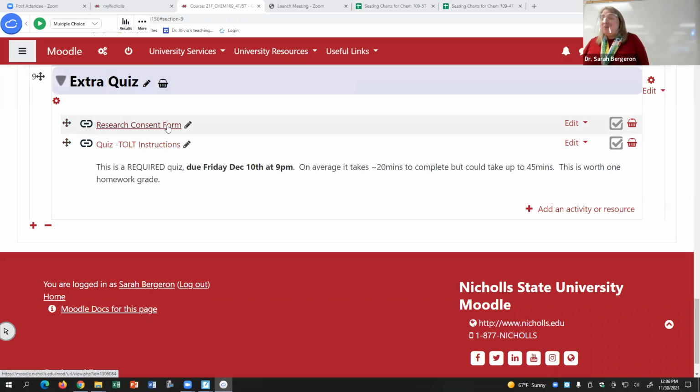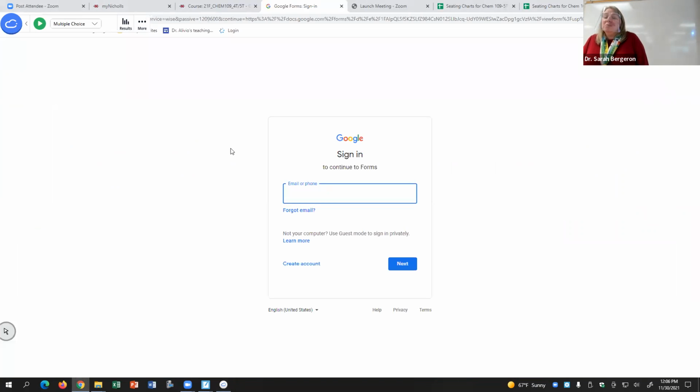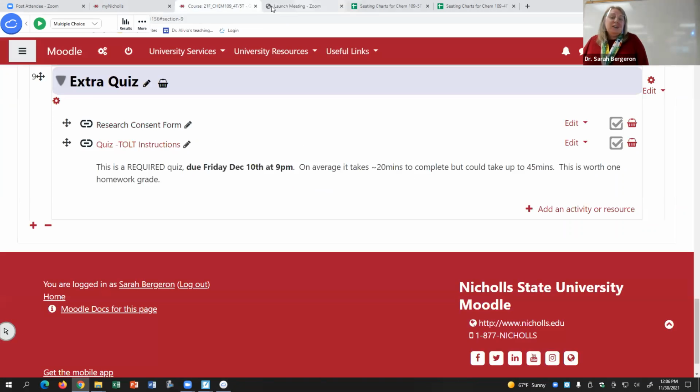But the more people who participate, the more we can learn, the better instructors we can be. I can't tell you exactly what we are researching because that would spoil it, but all the information on the research is here. This is the consent form. If you agree to be in the study, then you have to sign the consent form saying yes, you're okay with it. But whether you say yes or no to the consent form, you take the quiz.